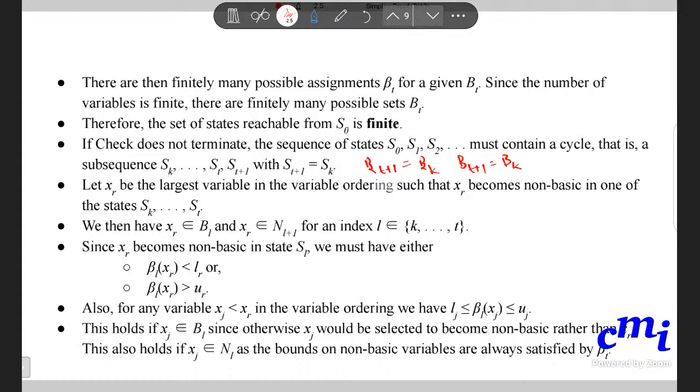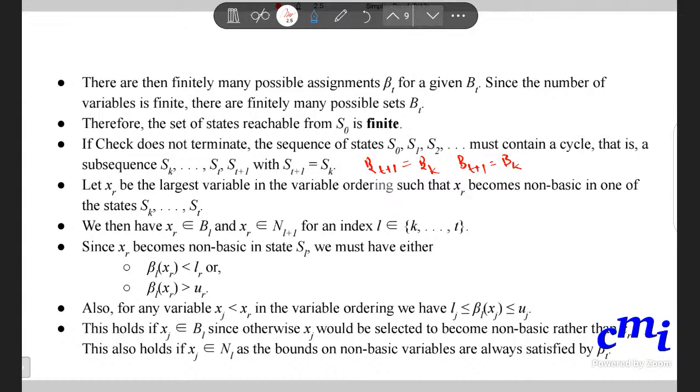So among them, you pick the largest variable that gets out of the basic set, and it has to come back. So it does come back in some state sp. We'll get to that in the next slide, I think.